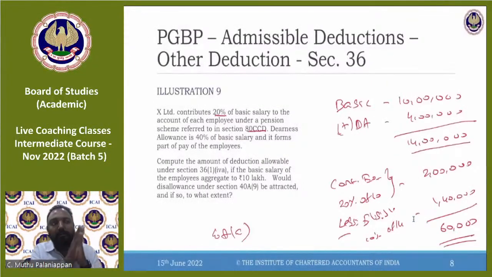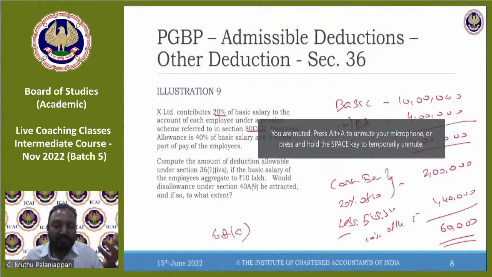See, whatever we are discussing now is from the employer's angle. So it has nothing to do with the employee, whatever we discussed earlier in the salary chapter. What we are discussing here is only what the employer should do. Whatever we discussed earlier, the provisions of PF, pension, that is, if more than 12% has been deducted, it is treated as income in the hands of the employee.